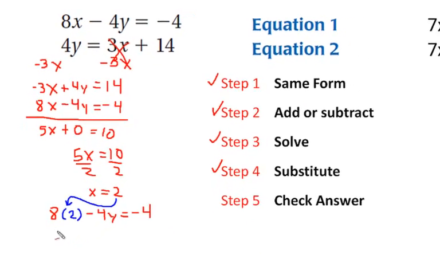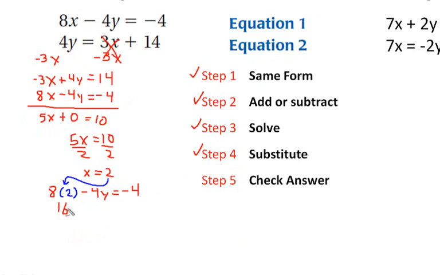Okay, so 8 times 2 is going to give me 16. Subtract 16 from both sides.